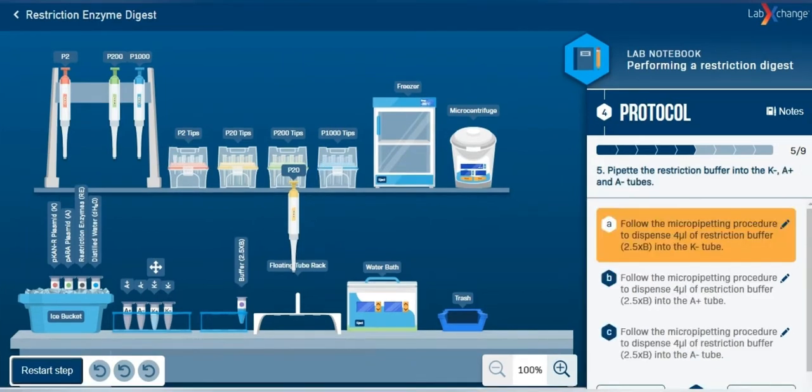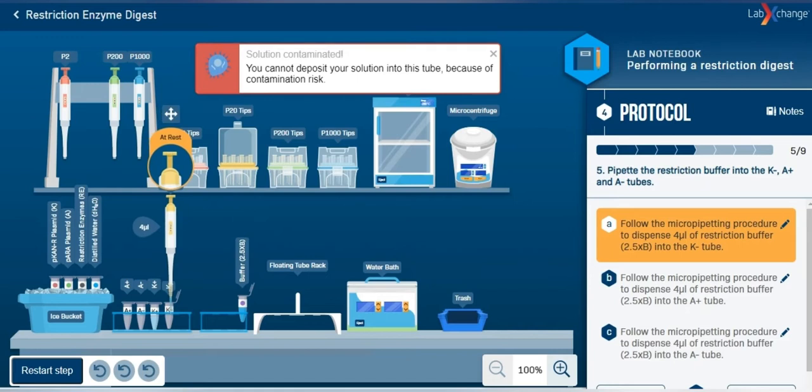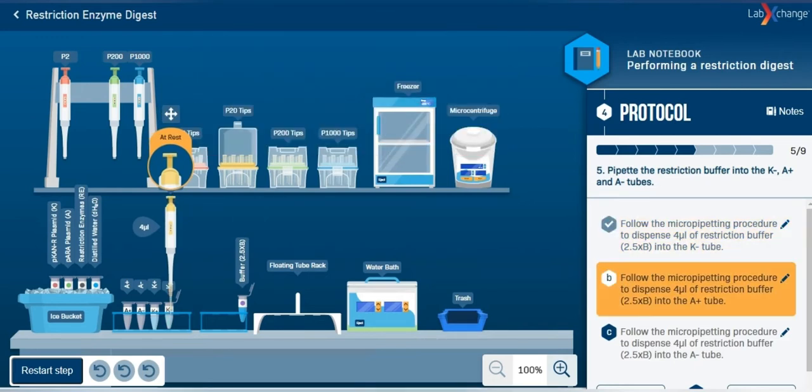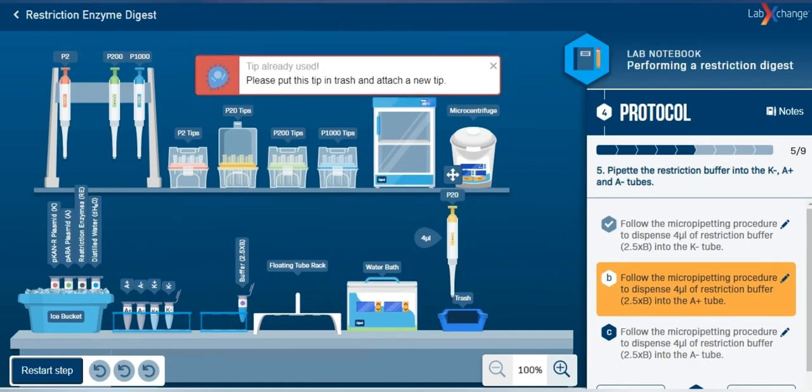So the next step is pipette the restriction buffer into the K minus, A plus, and A minus tubes. So follow the micropipetting procedure to dispense 4 microliter of this restriction buffer into the K minus. Eject the tip and throw it into the waste container.